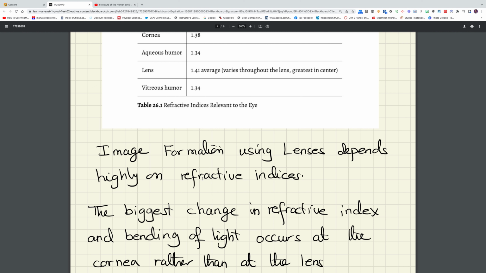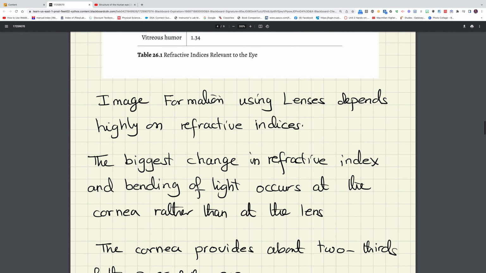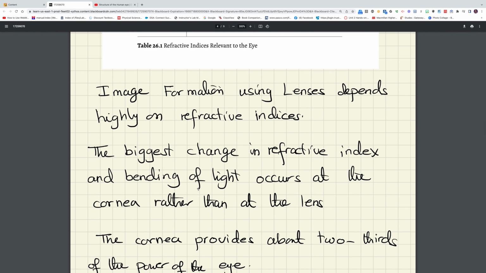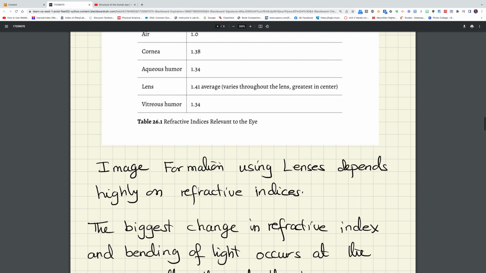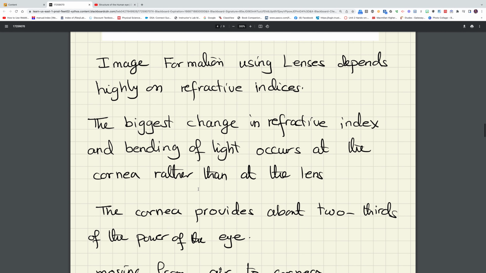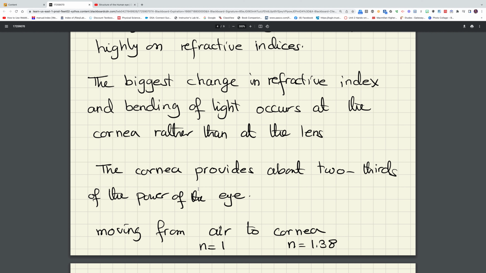The biggest change in refractive index and bending of light occurs at the cornea rather than at the lens, because as I told you, we are coming from air, which is 1, to the cornea 1.38, if I still remember. Yes. And the cornea provides about 2/3 of the power of the eye.